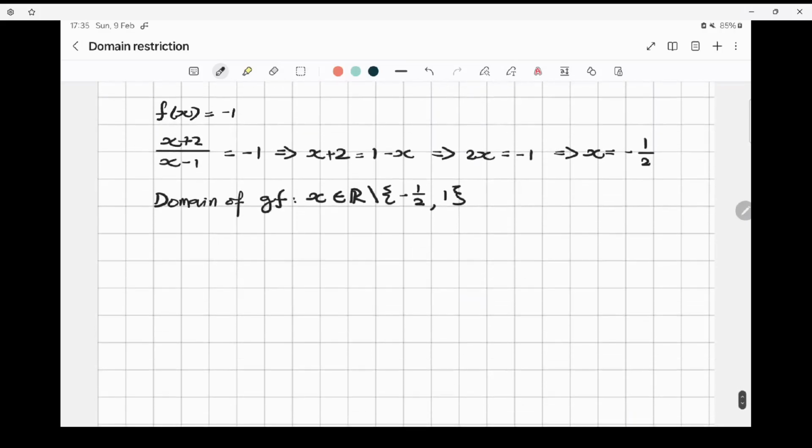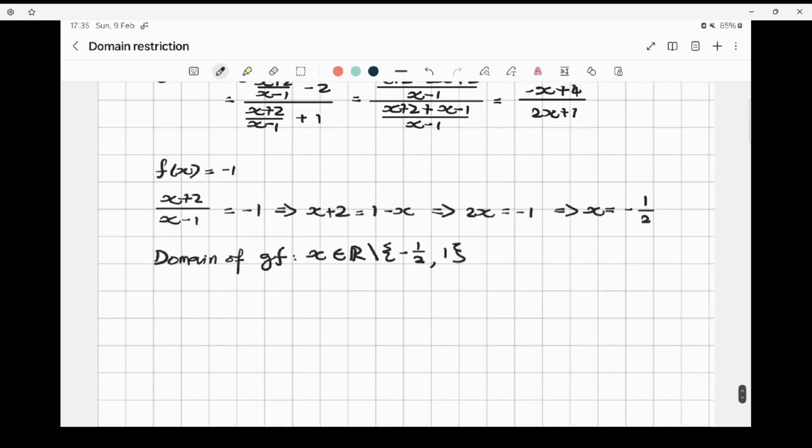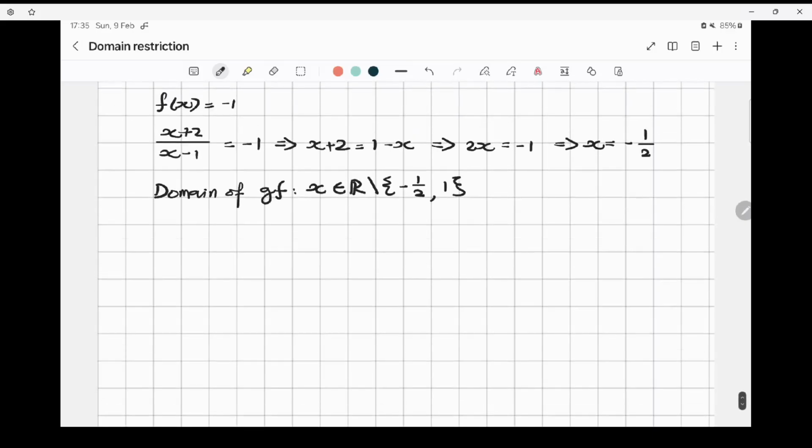So okay, this is for the domain of gf. So this particular domain will get mapped to what?